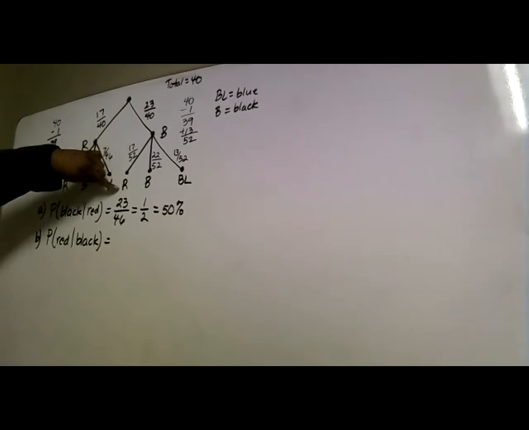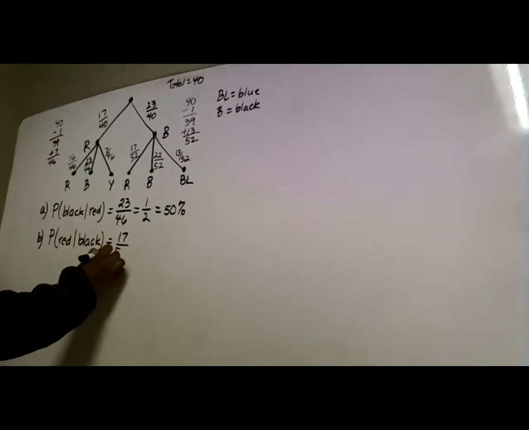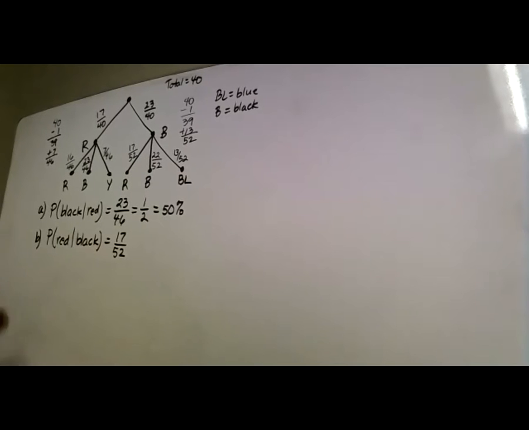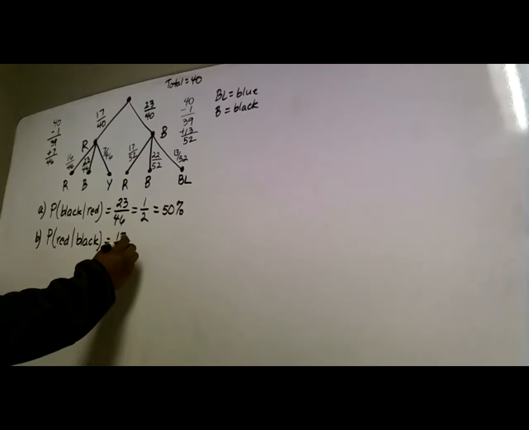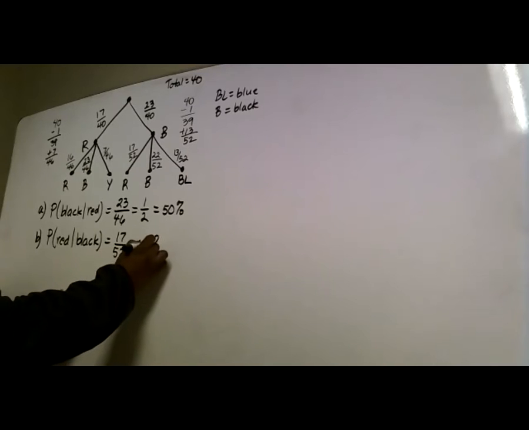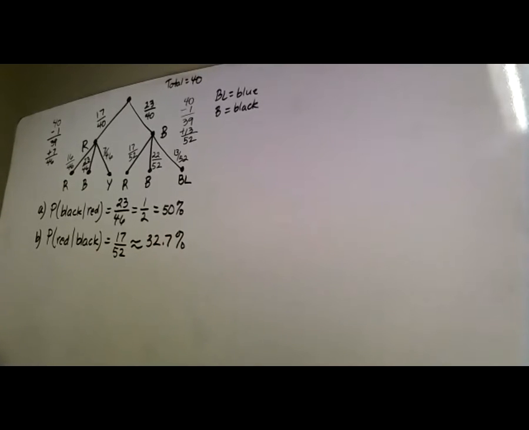So we go along here, red marble, that probability is 17 out of 52. I'll say 32.7%, to one decimal place.